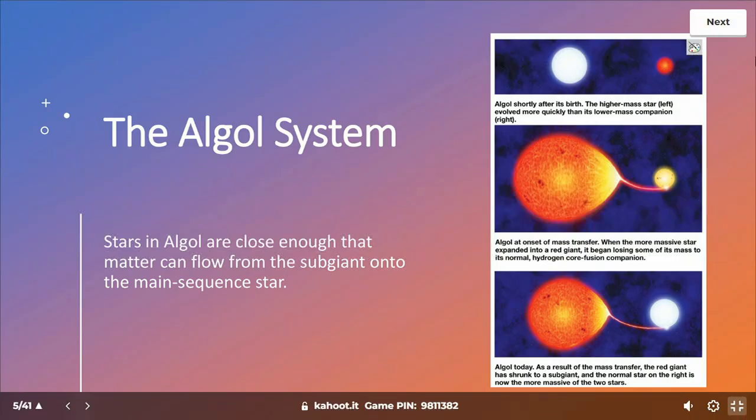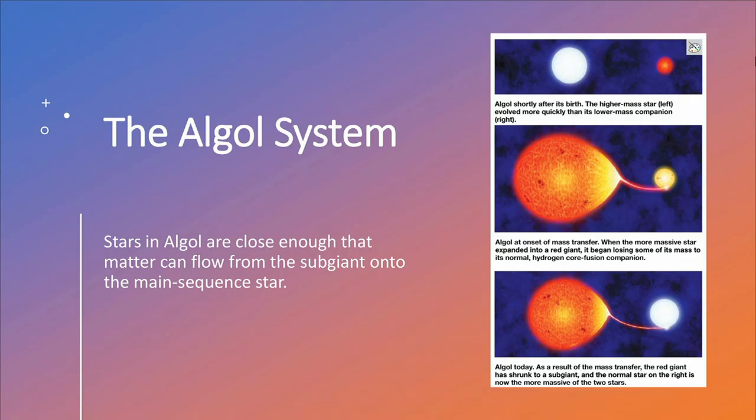So depending on the initial masses of the stars, they're not going to evolve at the same rate. So this is the Algol system, and you have 2 stars that are different masses. The one on the left is a higher mass star, and so it will evolve more quickly and reach its supergiant phase. But now as a supergiant, it's actually less dense than its neighbor.